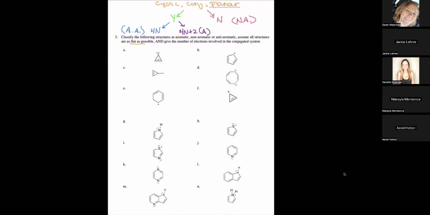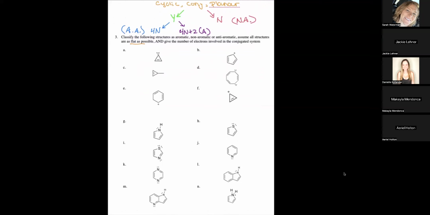So far, so good. Everybody agree? Yeah. And then if it's not these things, then it's just non-aromatic, right? So these will be our keys as we go through. Okay, so we've got our legend, A, AA, or NA.